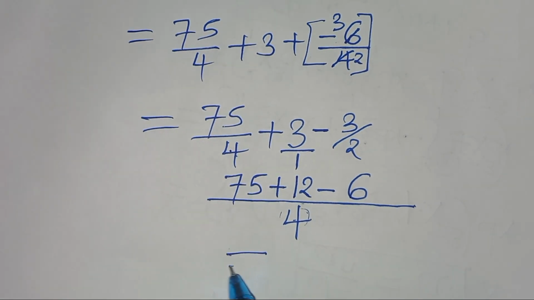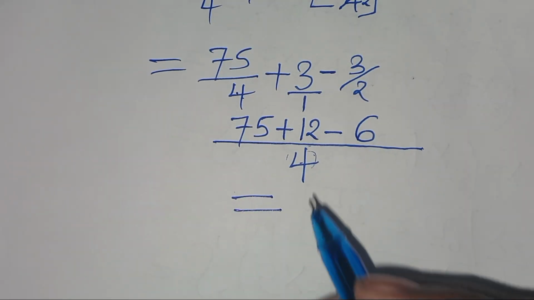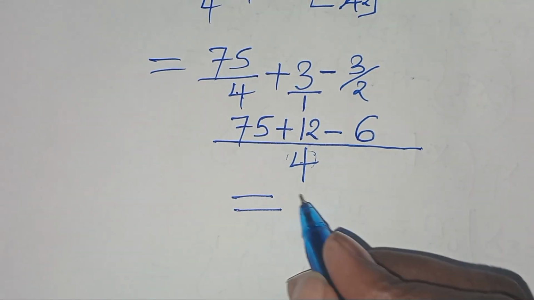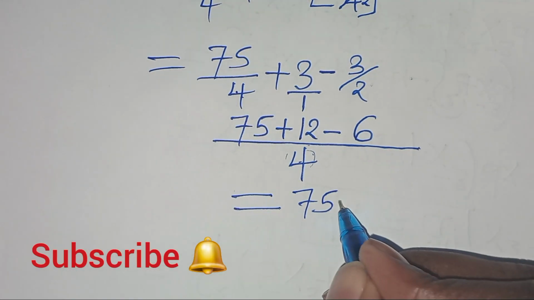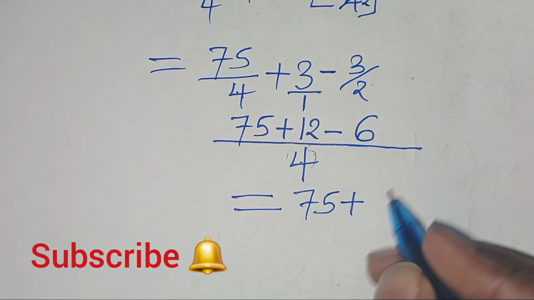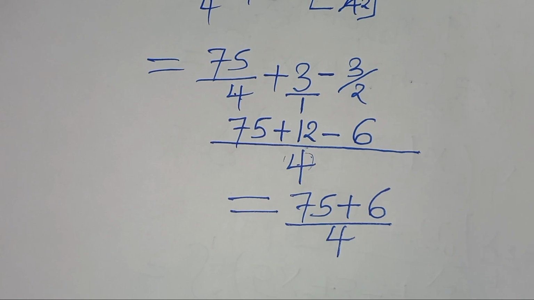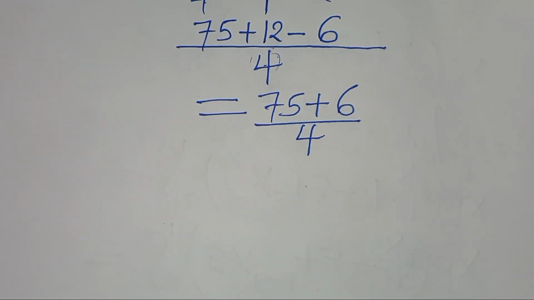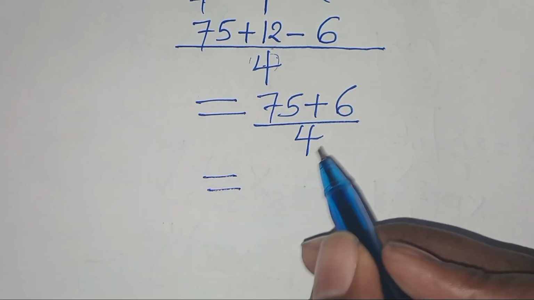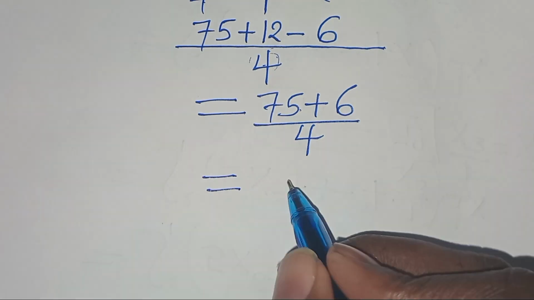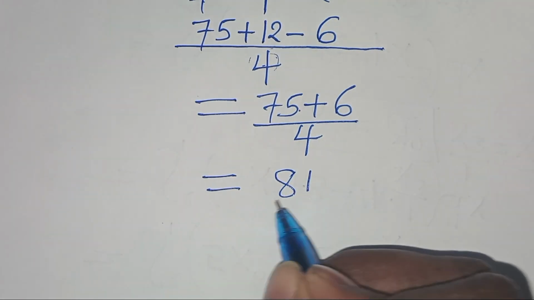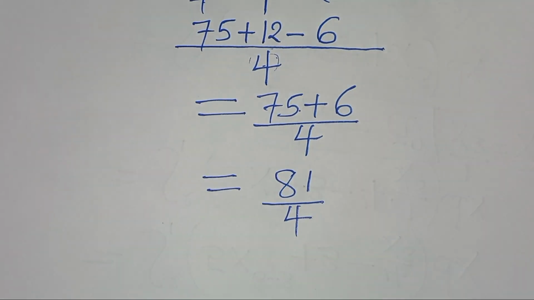And therefore from here, we have 75 plus, now 12 minus 6, this is equal to 6 over 4. So this implies that here we have 75 plus 6, and this is equal to 81 over 4.